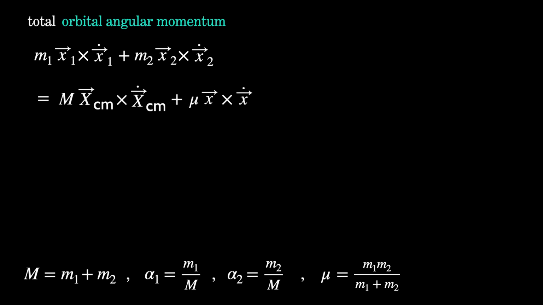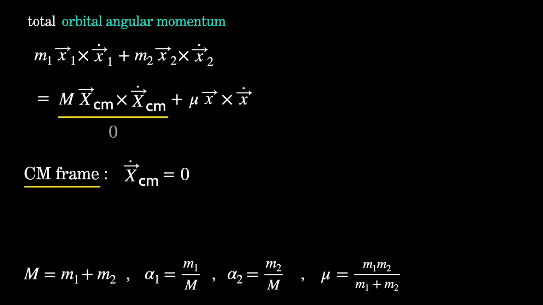Thus we see that the total orbital angular momentum can be broken down neatly into two parts, one due to the center of mass motion, and the other the relative motion of the pair of particles. If we place the origin of our reference frame at the center of mass and go into the center of mass frame, we find that the cm contribution vanishes.